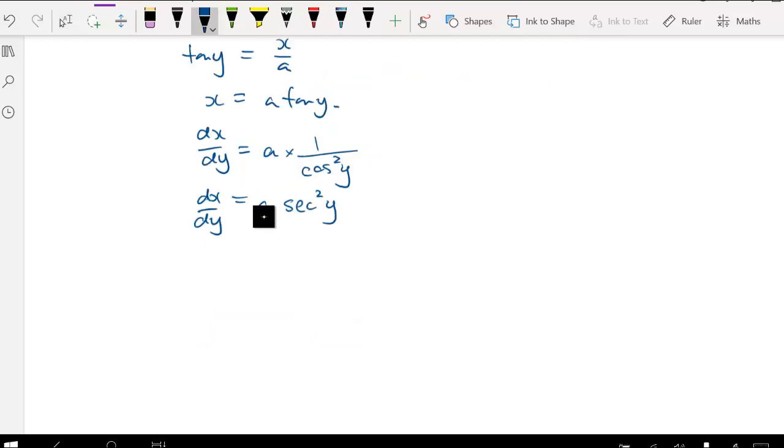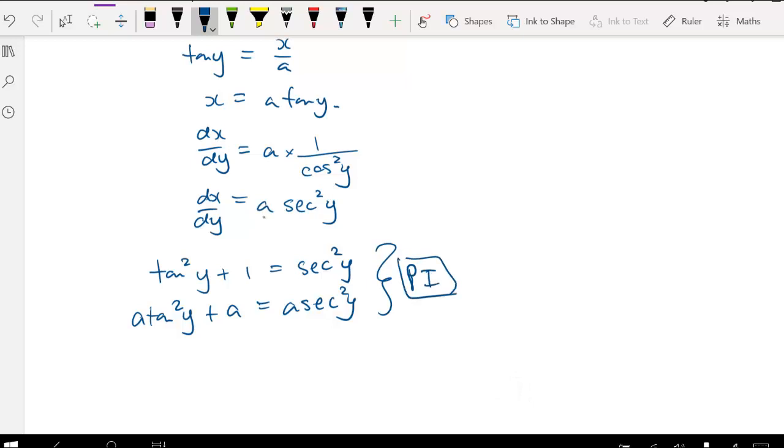If we go back to one of our known Pythagorean identities, we know that tan²y + 1 is equal to sec²y. Now we've got an a in here, so we're going to make this a tan²y + a is equal to a sec²y. So we'll multiply everything by a.